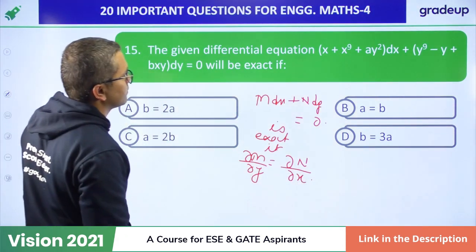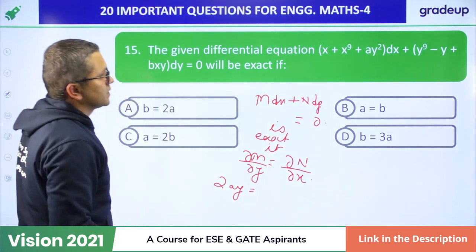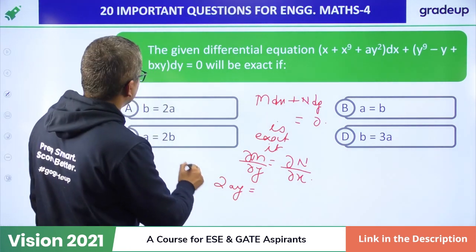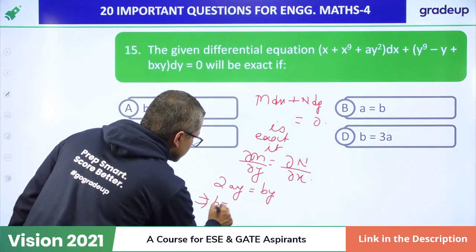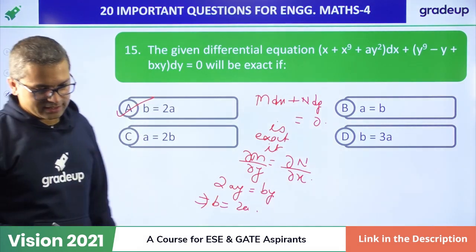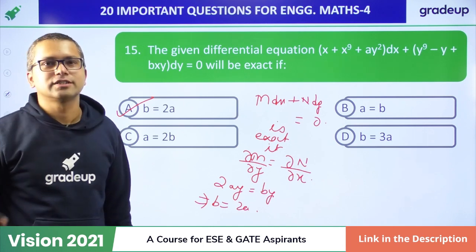So del M upon del y, what should I write? Twice a y equals b del x, right? So it should be b y. So that means b equals twice a. So A is the option, right? Almost every one of you got it correctly. Good.